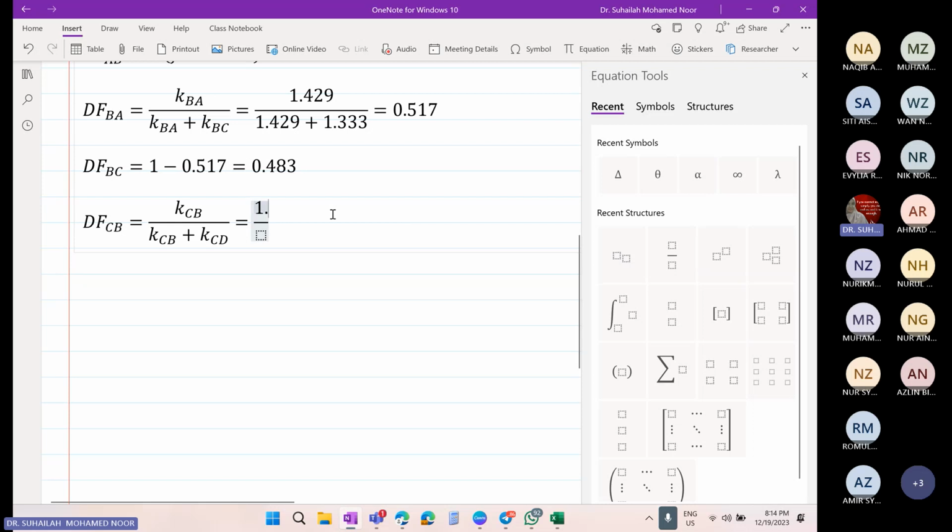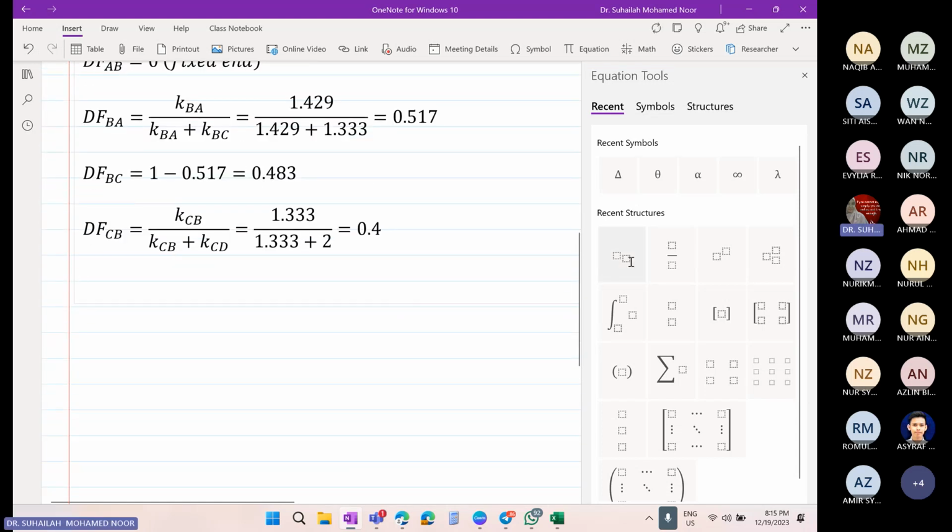We divide by 1.333 for KCB, and KCD is 2. So this is equal to 1.333 divided by 3.333. We got 0.4.